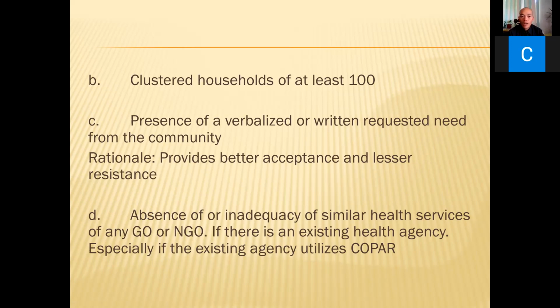Like when we were in Mankayan, there is only one or two barangay health clinics that take care of the different sitios. Talagang kulang sila. What happened was when we were there, there were at least 4 groups going to different sitios to give health services.